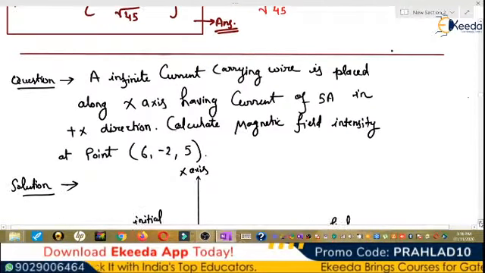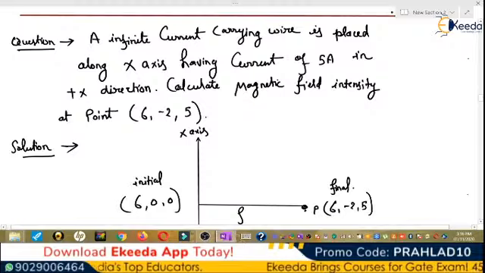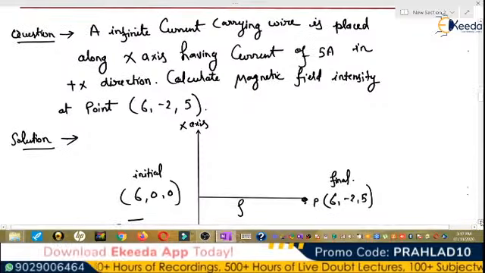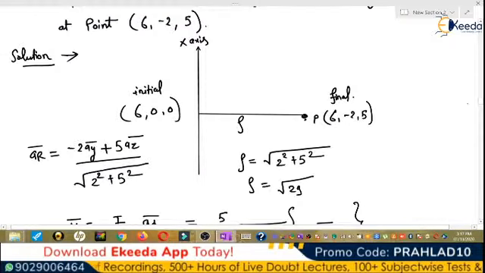Okay, so the next question is: an infinite current carrying wire is placed along x-axis having current of 5 ampere in the x direction. Then calculate magnetic field intensity at point 6, minus 2, 5. So we have to calculate the magnetic field intensity at 6, minus 2, 5, and the initial point will be 6, 0, 0, and the distance between this point and the wire is rho.